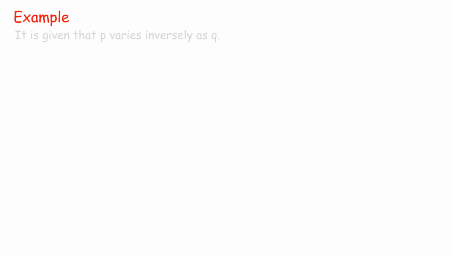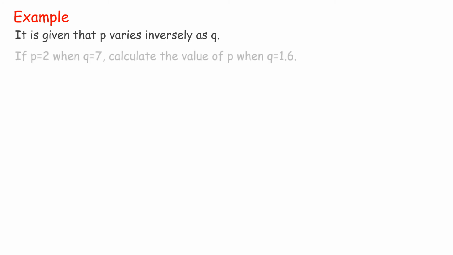Example. It is given that p varies inversely as q. If p equals 2 when q equals 7, calculate the value of p when q equals 1.6. Solution. p varies inversely as q. p equals k over q.